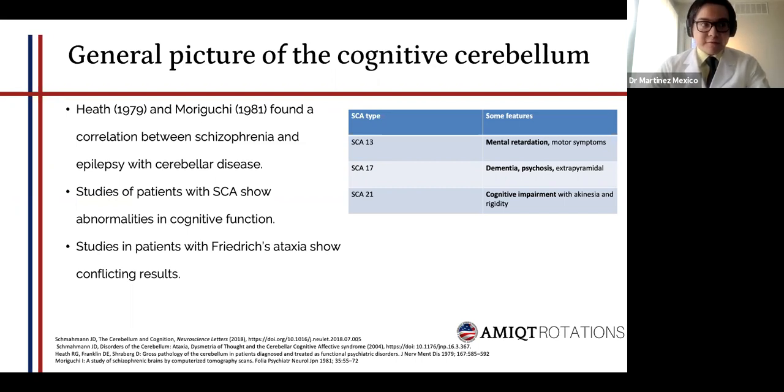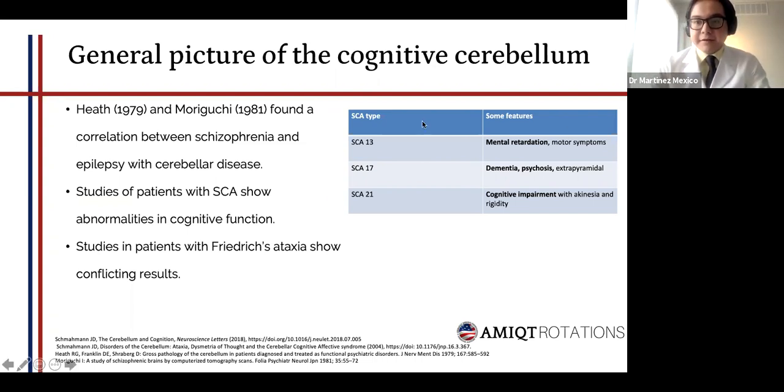Unfortunately, for our present topic, most of the studies of patients with cognitive function deficits in cerebellar disease have been done in patients with spinocerebellar ataxia and other types of generalized central nervous system diseases. So it can be difficult to know which of the deficits in the patients are due to problems with the cerebellum itself or due to problems of the entire central nervous system.